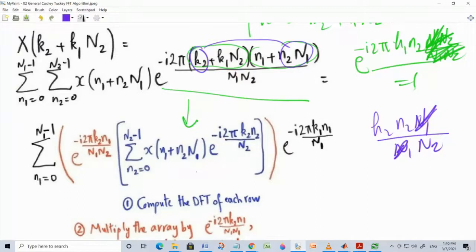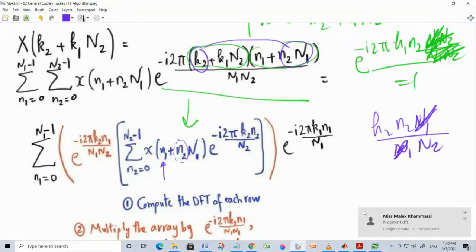So what is this summation? For a given small n1, so if you think of this index as fixed, what are you doing? You have samples that are indexed by n2, and you are multiplying them by e to the minus i 2 pi k2 n2, and you are dividing by the number of terms in this sum.